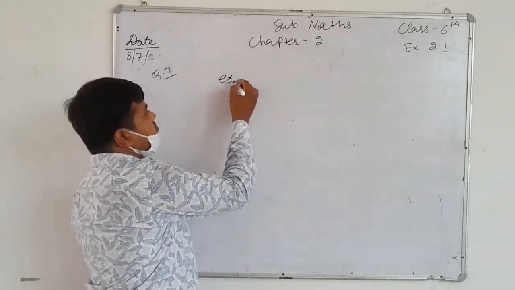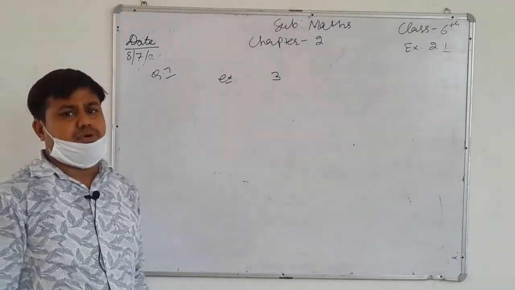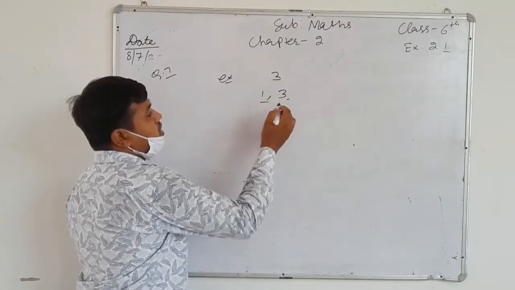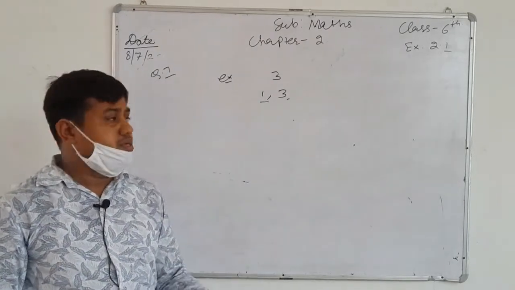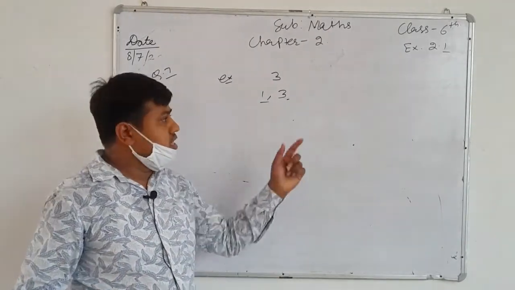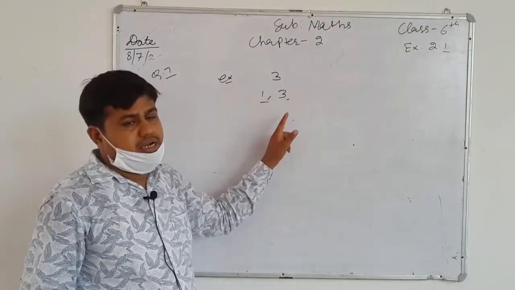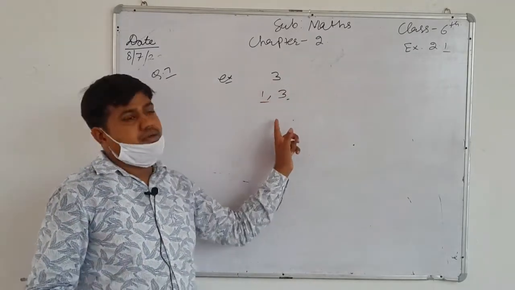Let's take an example. If I write 3, 3 is not a composite number because the factors of 3 are 1 and 3. It has only 2 factors, not more than 2. It means if we have 3 factors, then it is a composite number. If we have 2 factors, 1 and the number itself, then it is not a composite number, it is a prime number.